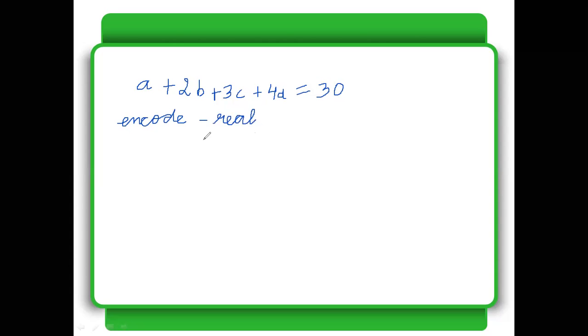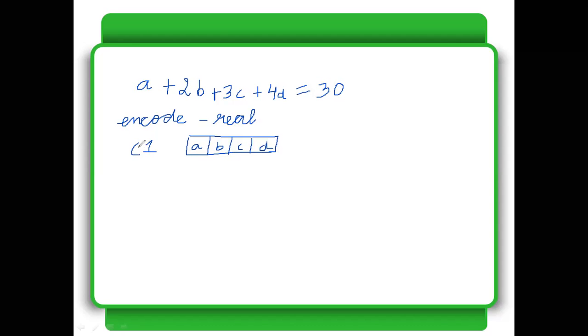Based on that I will have a chromosome comprising the real values of the variables A, B, C, D. This is the structure of my chromosome, which is also referred to as a genome, and an individual element is referred to as a gene or an allele.